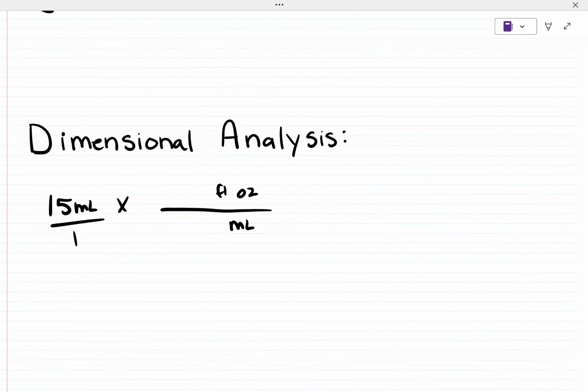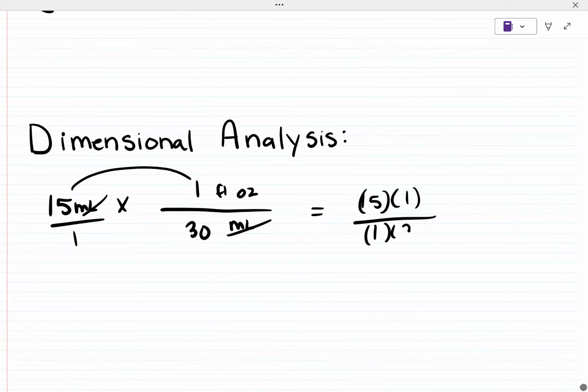Invisible 1 under here, and then for 1 fluid ounce, there's 30 milliliters, and the milliliters disappear, and then you multiply across, so 15 times 1, and on the bottom is 1 times 30, and you get 15 out of 30. Our unit is going to be fluid ounce. 15 out of 30 is 0.5 fluid ounce.